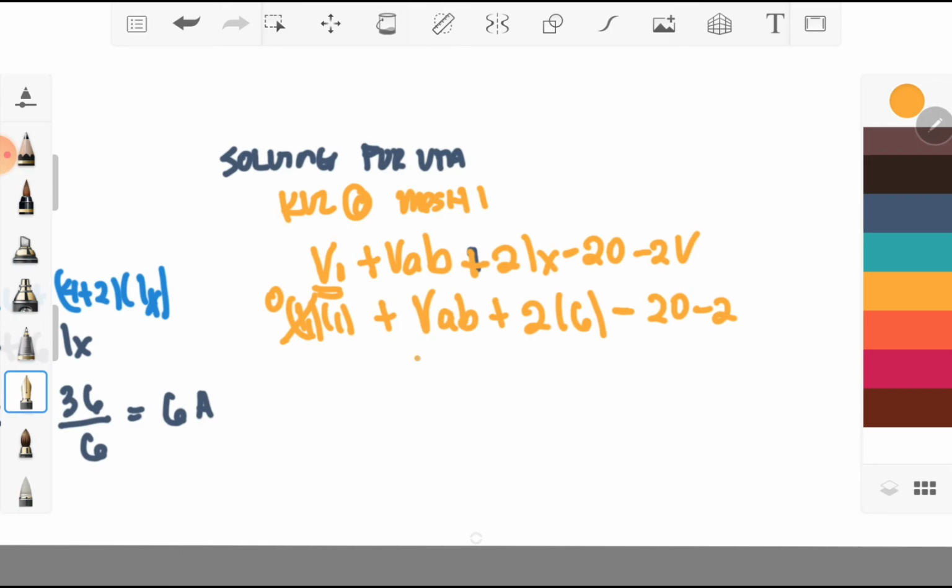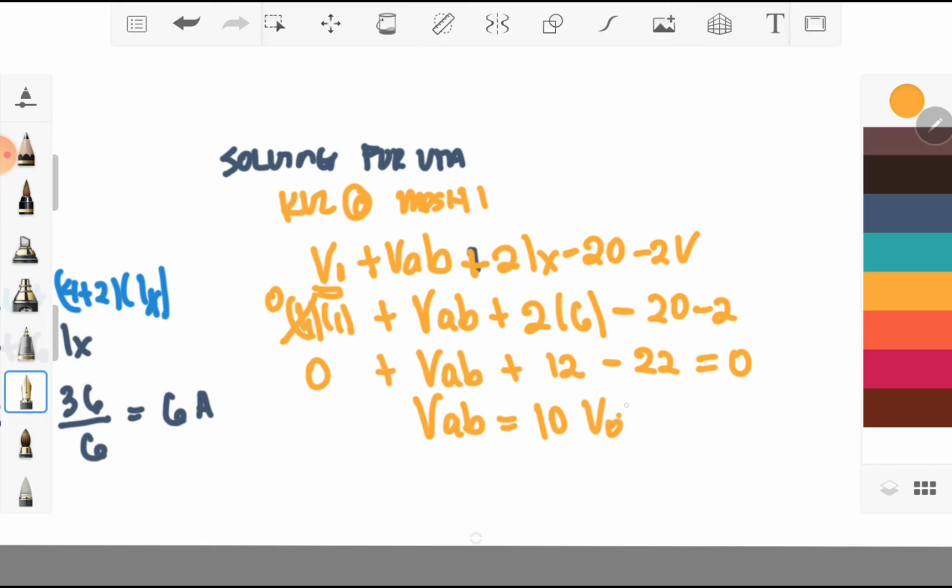So therefore we'll have VAB plus 0 plus 12 minus 22 equals 0 via conservation of energy. So we'll have VAB is equal to 12 minus 22, which is negative 10 volts.